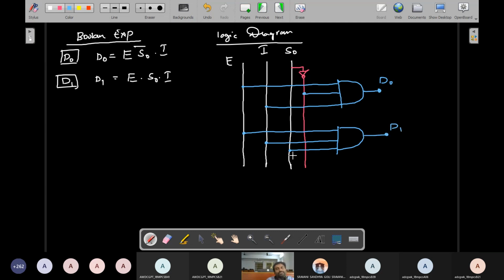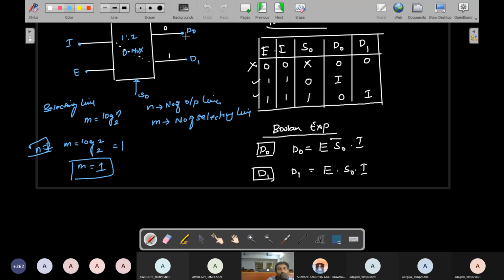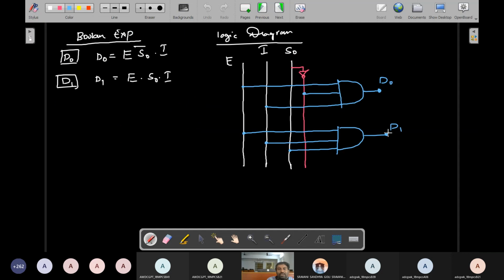Every time it is like D0, D1, D2, D3 depending upon your input signals and output terminals. But these are never connected by any OR gate in demultiplexers, because these are all independent outputs, not combined outputs. So that is the reason. Okay, understand what I am saying?